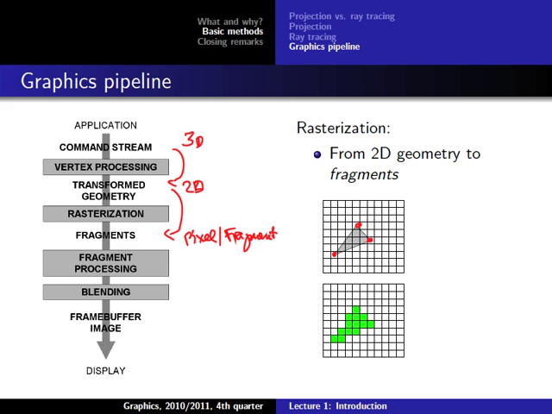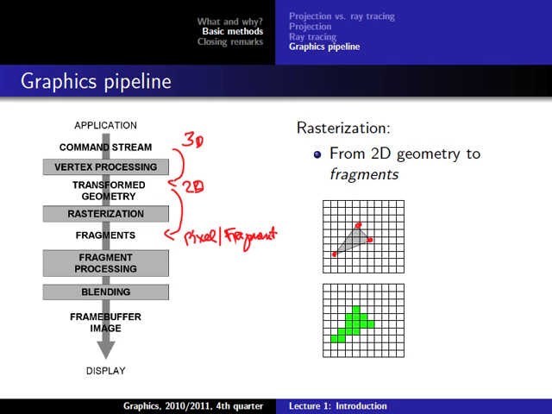A fragment is basically a pixel, but it's a more abstract term to describe it, because at that stage we're not really dealing with pixels. For example, if we have overlapping triangles, then for each triangle we have a fragment, how this would look on the screen, but when we draw the actual pixel, only the one that is in front can be drawn, of course.